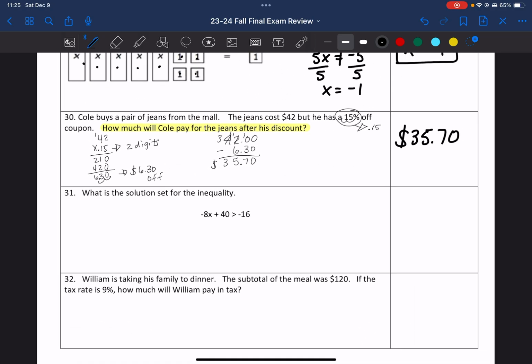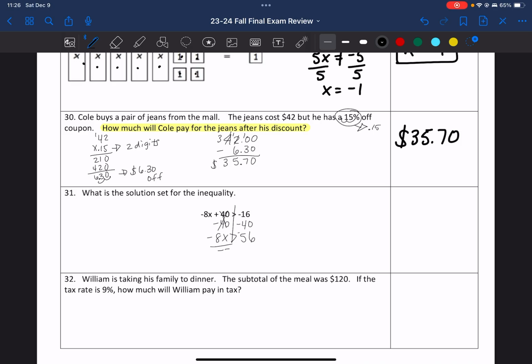Here, all we're doing is solving. So here, minus 40, we get negative 8x is greater than. I have a negative 16 and a negative 40, so we are going to actually add them. And what we get is negative 56.